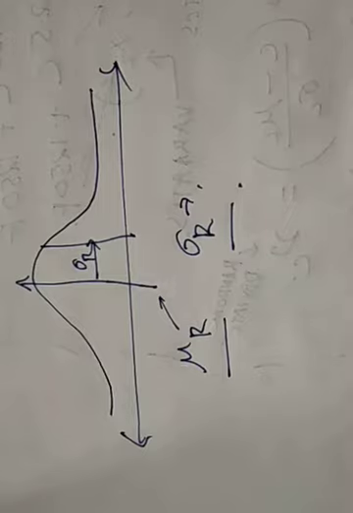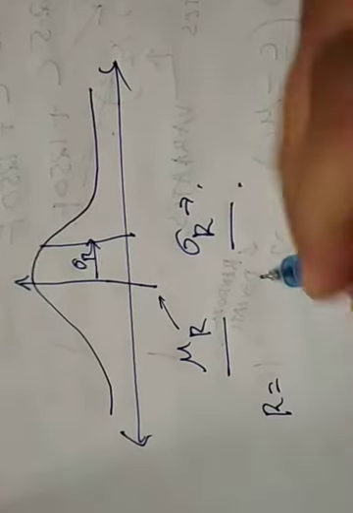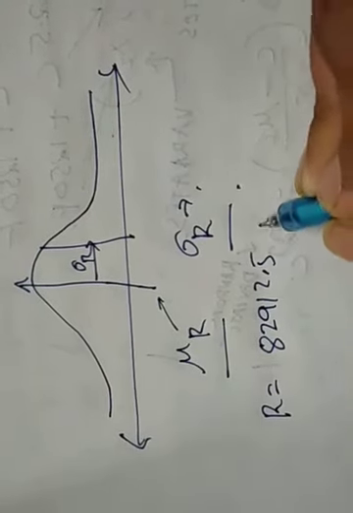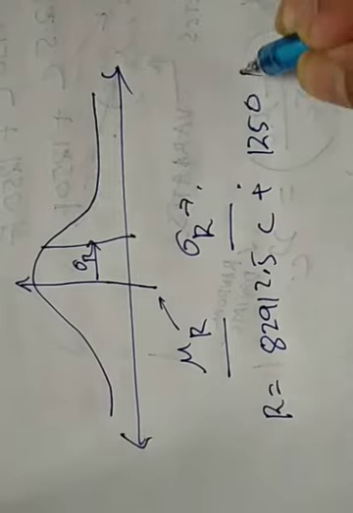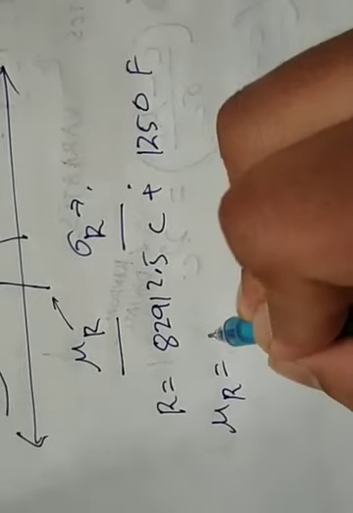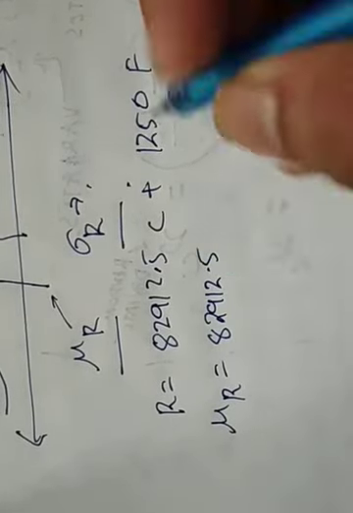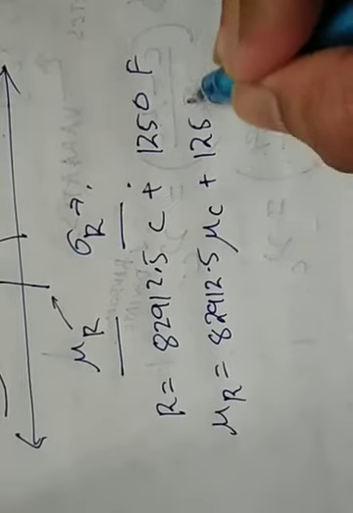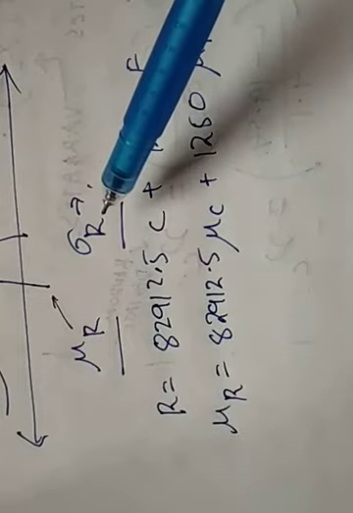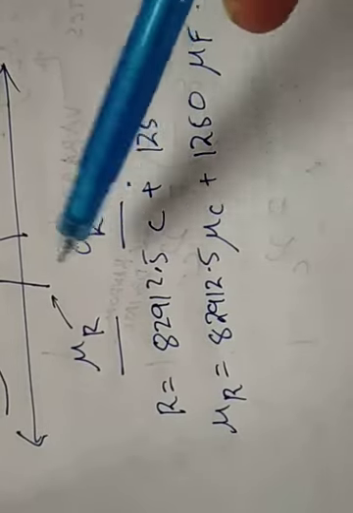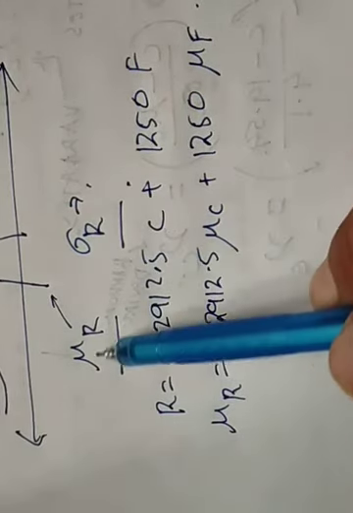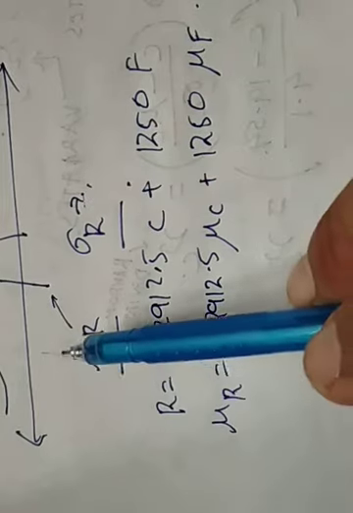What I found previously was that R equals 82912.5 times C plus 1250 times F, which means that mu R is going to be 82912.5 times mu C plus 1250 times mu F. So now you're going to run your simulation, maybe for 100 calculations, and you calculate the mean and the standard deviation.